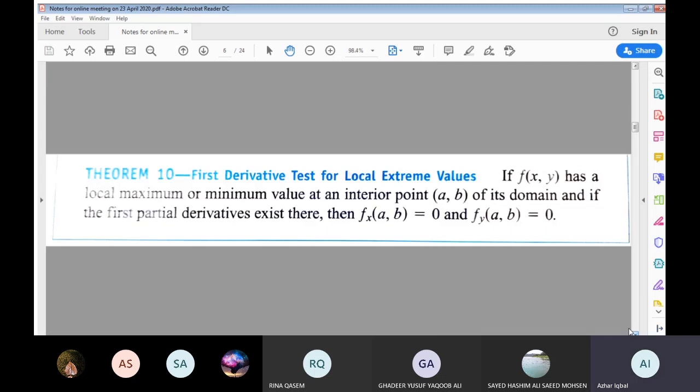Okay, now there is Theorem 10, and it is about the first derivative test for the local extreme value.